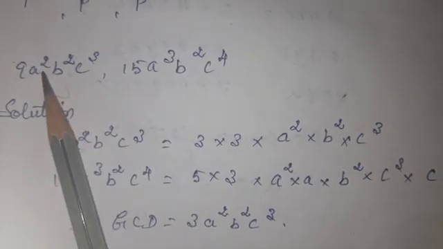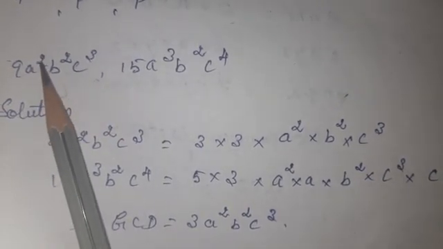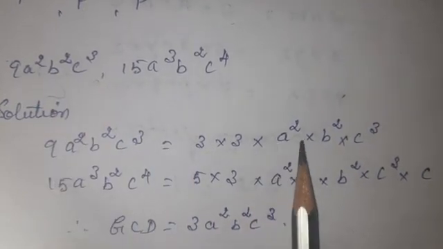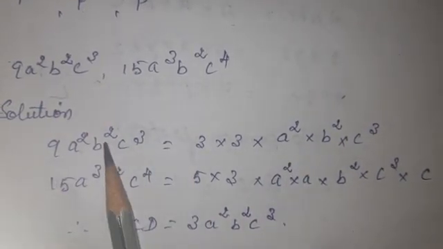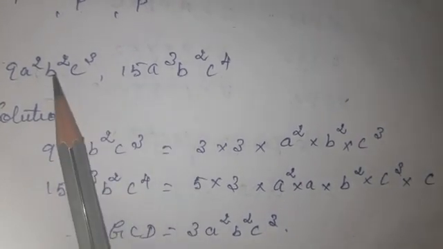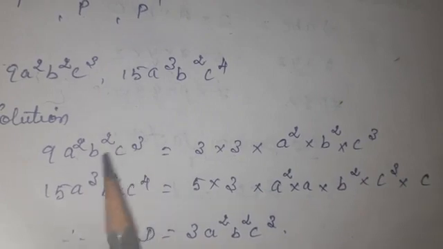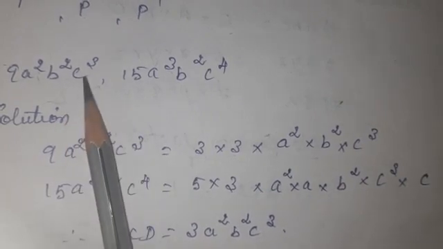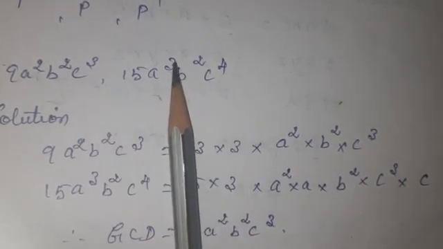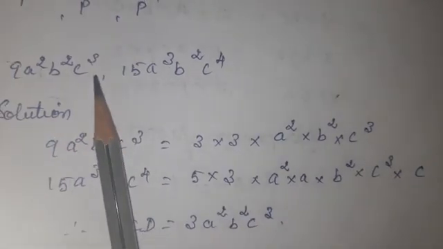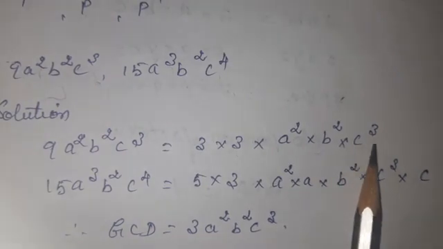The lowest power of a is square, here cube. So I have selected a square into b square. B square also, the variable b square, b square, so I have written the same. Next one is c cube. Here it is c cube, this one is c power 4. So the lowest is cube, so I have written c cube.